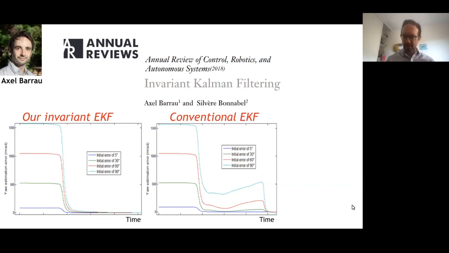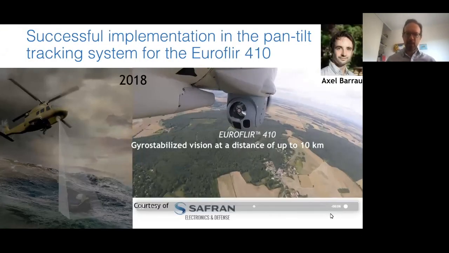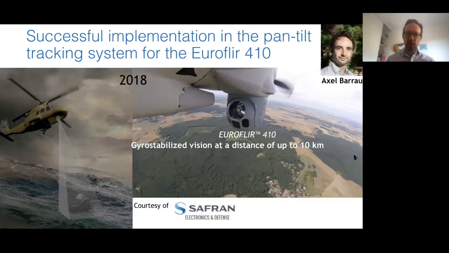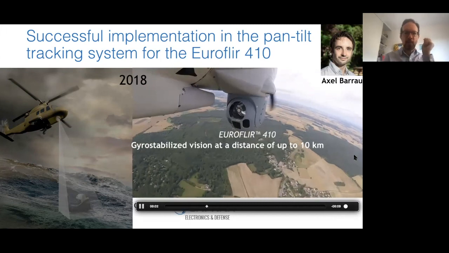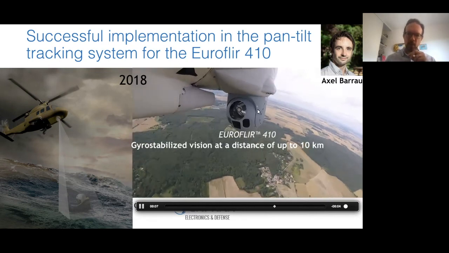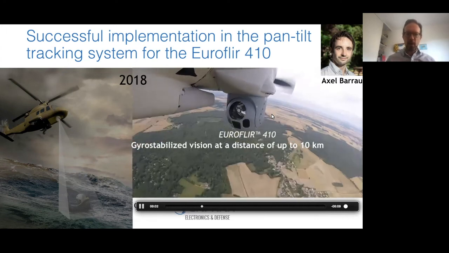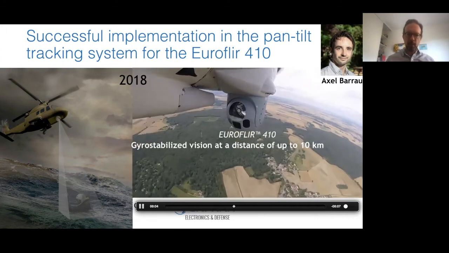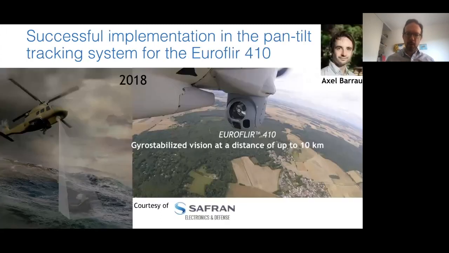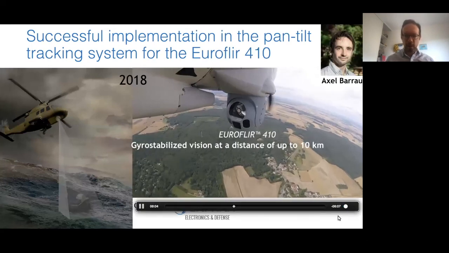So this is the Euroflir 410. It's a gyro-stabilized ball. The product was released in 2018 by the company Safran, and what it does is it's a vision system for tactical drones. It's also used for search and rescue, wildfire surveillance.